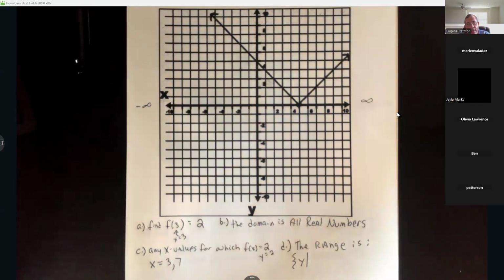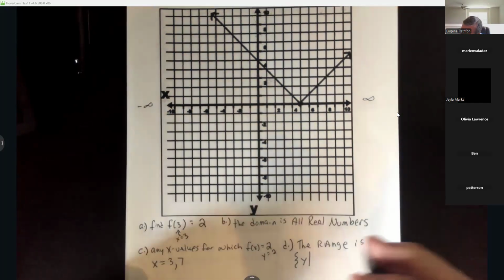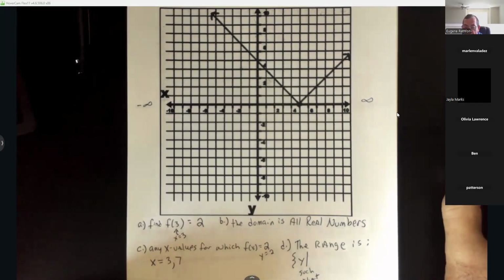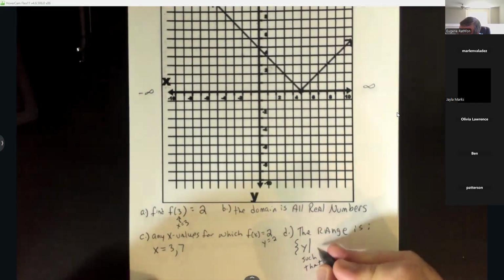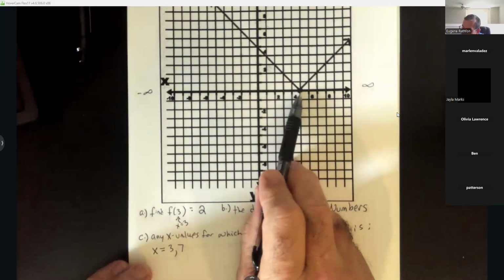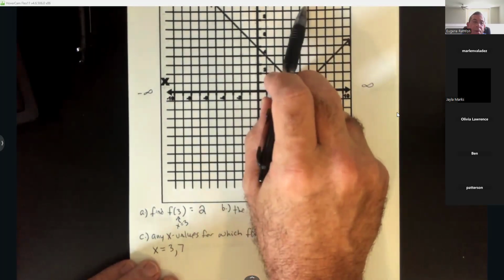So that means since my lowest value is 0 and the y values are increasing, then we would put something like this. The range is the y values. Now this little bar means such that. So y such that y has to be greater than or equal to 0. So it equals 0 here, and then it can be anything greater.